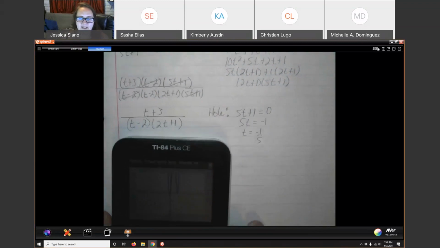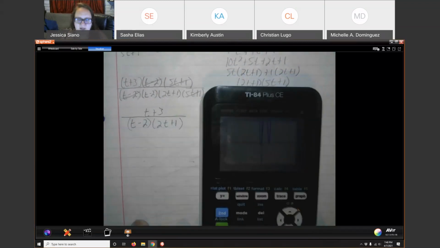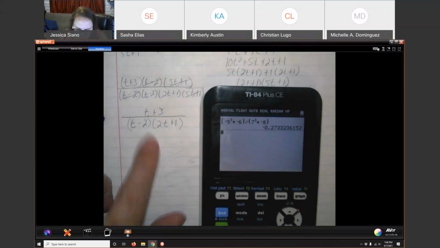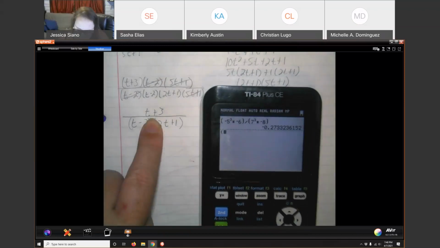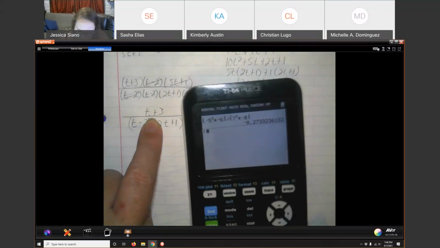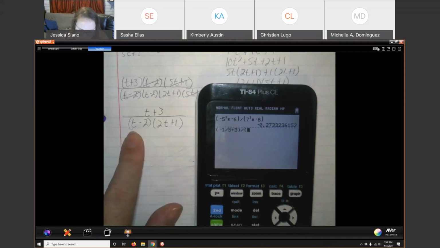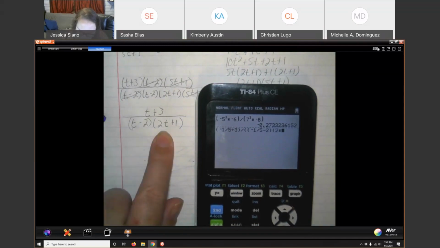Now let's find the y value of that hole. So the negative 1/5, negative 1/5 plus 3 divided by negative 1/5 minus 2 times 2 times negative 1/5 plus 1.